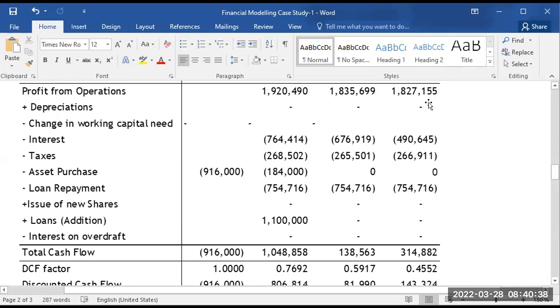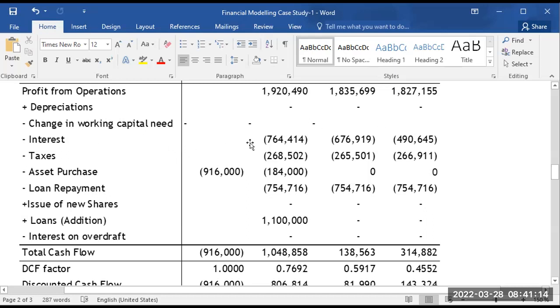But in this case, there is no depreciation. So for this particular case study, the net profit is the same as the cash flow, since depreciation is 0 for all 3 years. There's a change in working capital needed? There's no change in working capital, so this is 0, 0, 0.